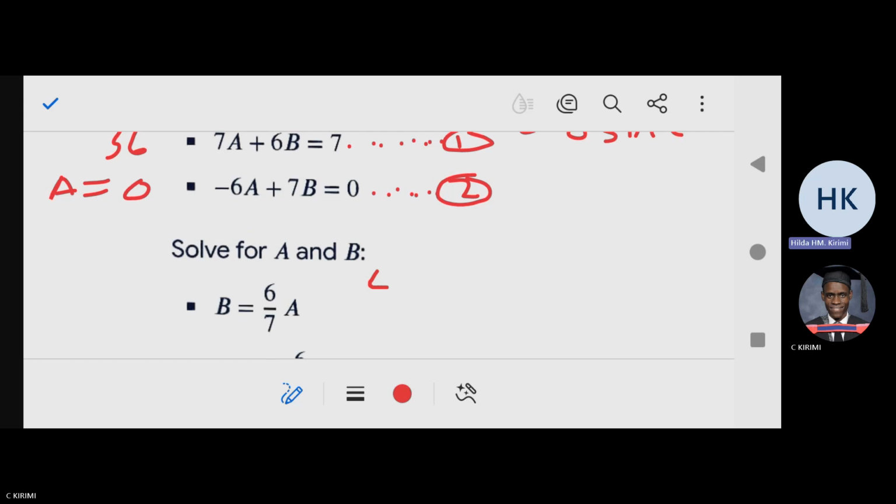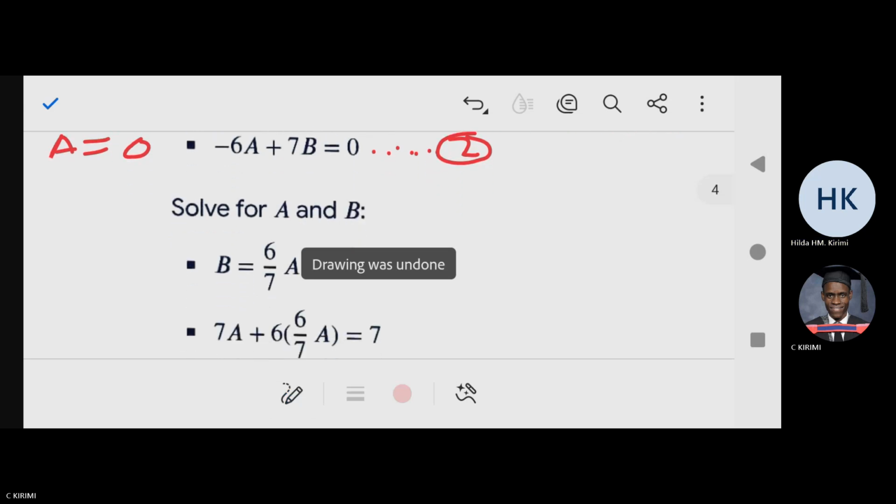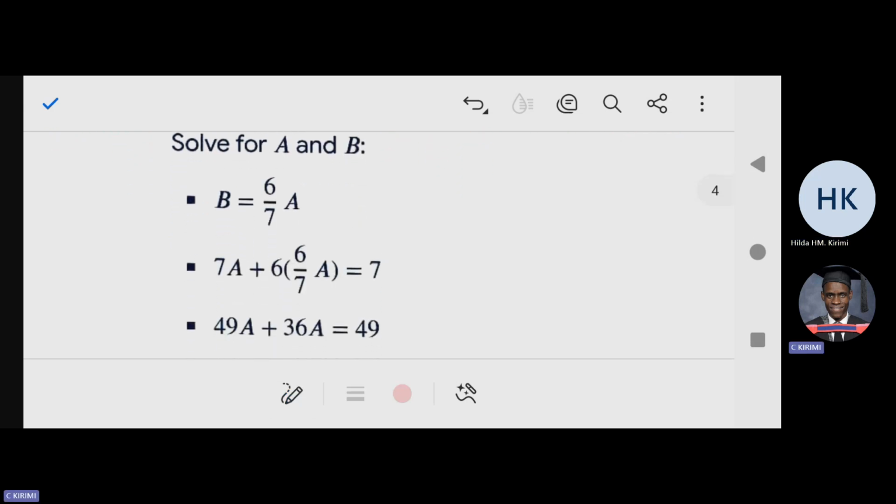We are getting 7 over 6. Which means you did not solve the simultaneous equations correctly. How come you get 7 over 6? Let me check something.